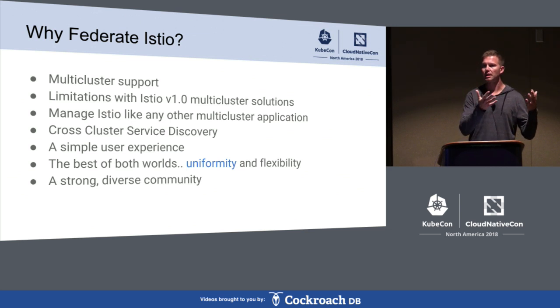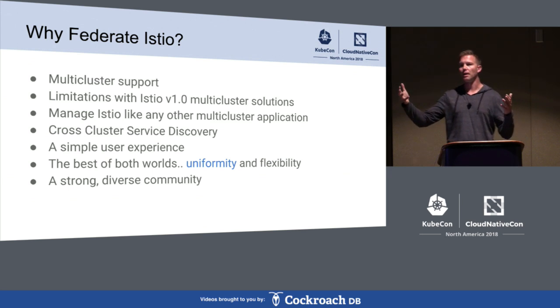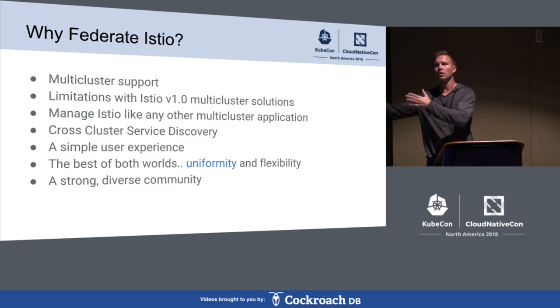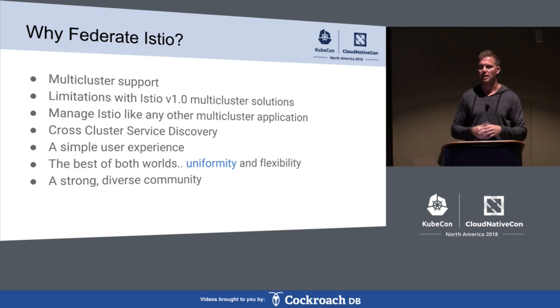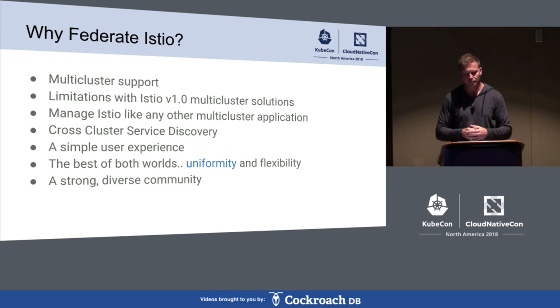Federation v2 has taken that same concept, but has now extended it so that we can support that service discovery across multiple clusters. And Irfan touched on the external DNS project as part of that.